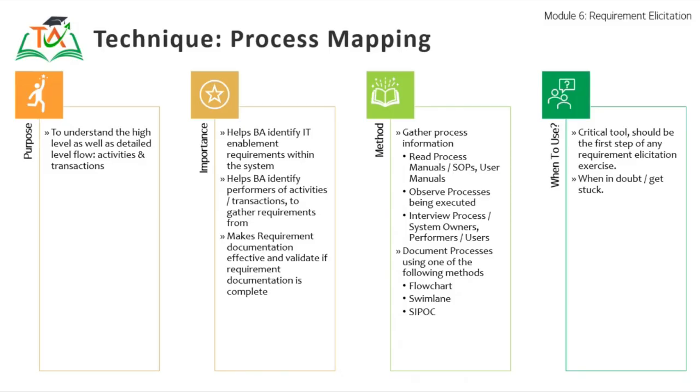Yeah. Then interview process, system owners, performers, users, etc. Okay. So every process within the organization has some kind of owner who's given last authority, okay, to take any decision on that process. Okay. So when you're approving claims, you'll find that there is a claims manager. Maybe there is a hierarchy. Okay.